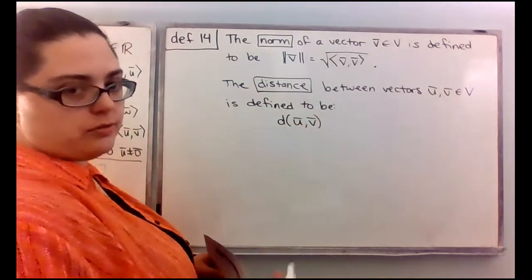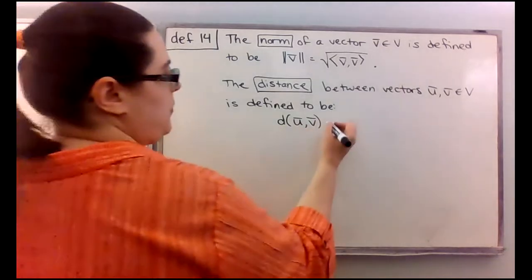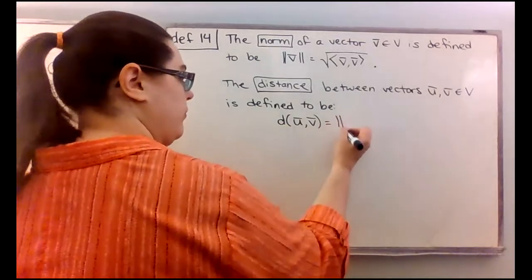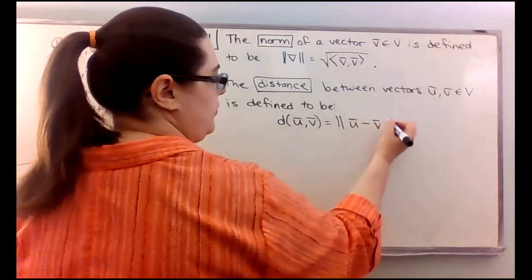Kind of looks like a function notation here where we have our distance of those 2 vectors between them. This is going to be the norm of u minus v.